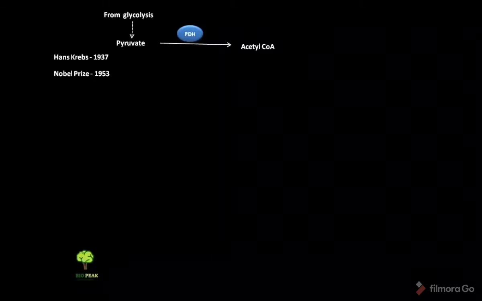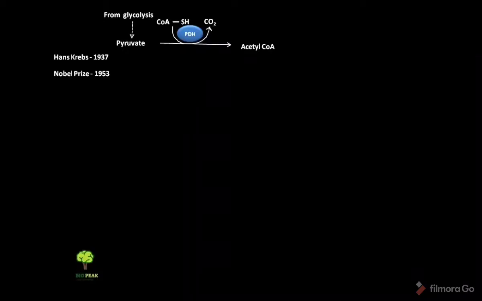Then one of the pyruvate molecules, in the presence of a multiprotein complex called pyruvate dehydrogenase or PDH, forms acetyl coenzyme A. This is an oxidative decarboxylation reaction because the carbon atom of pyruvate is lost as CO2.